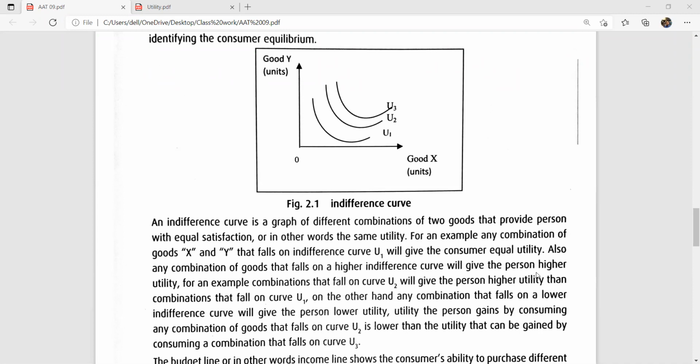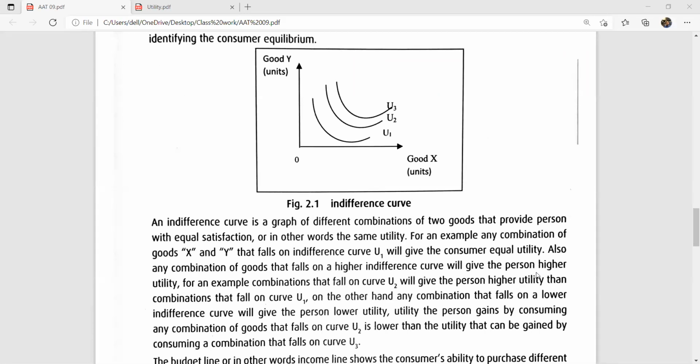Sometimes we label it IC, indifference curve. Right now they label it U, doesn't matter. Also, any combination of goods that falls on a higher indifference curve will give the person higher utility. For example, a combination that falls on curve U2 will give the person higher utility than a combination that falls on curve U1.